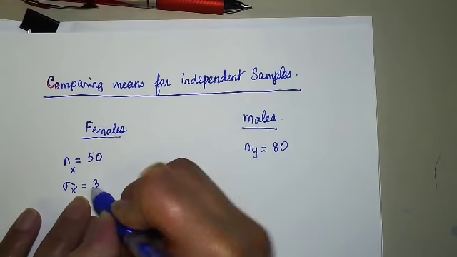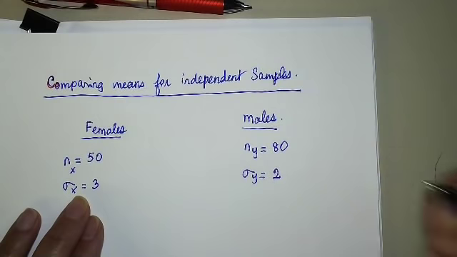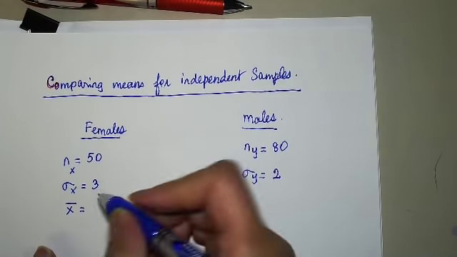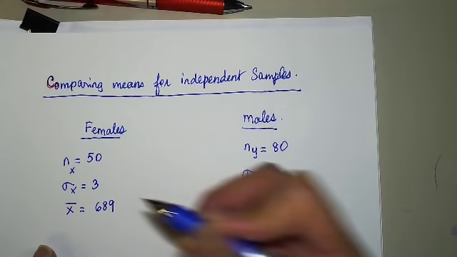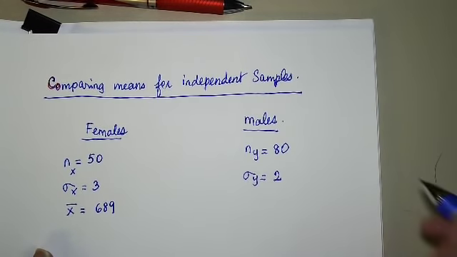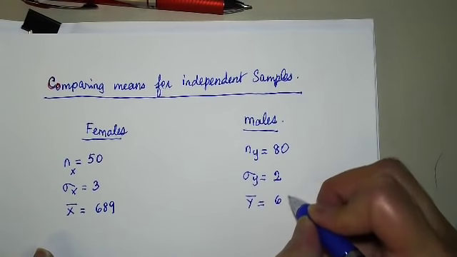and I look at the scores for 50 females, n equals 50, and y equals, let's say, 80 males. And let's say that sigma x is equal to 3 and sigma y is equal to 2.